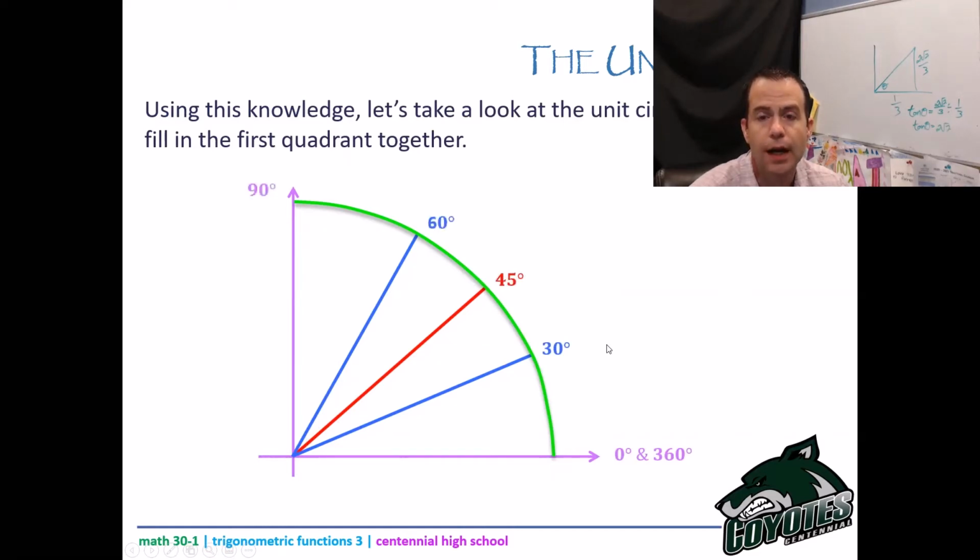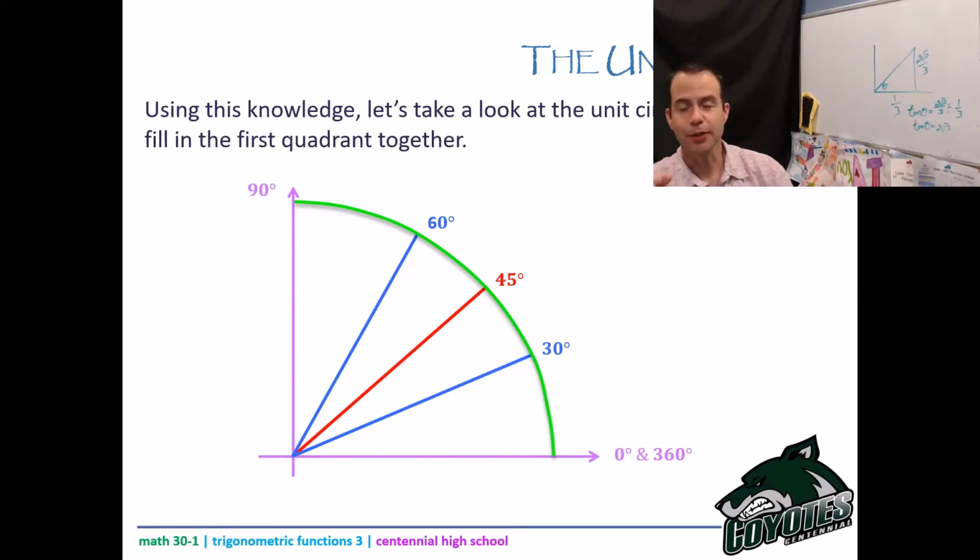Now, the next thing I want to do is put in the radian measure for these. And radian measure is actually going to be super easy to deal with when we get to the whole circle. I'm going to show you, all you have to do is count to 8 and count to 12. If you are able to count to 8 and you are able to count to 12, you're going to have no problem with the radians, okay? But right now, until I can show you that whole thing, just convert these.